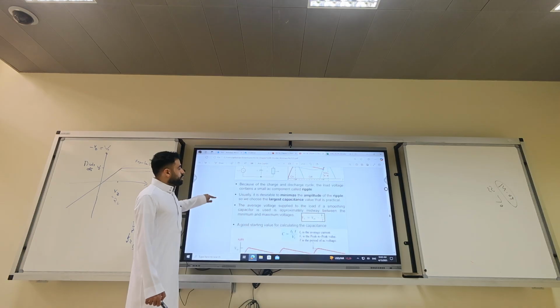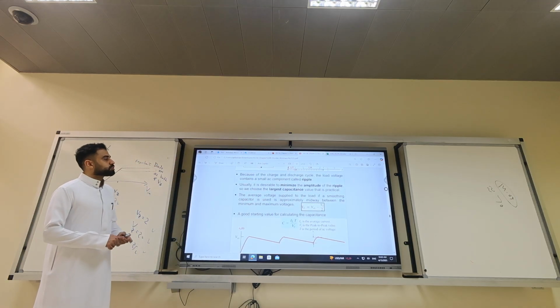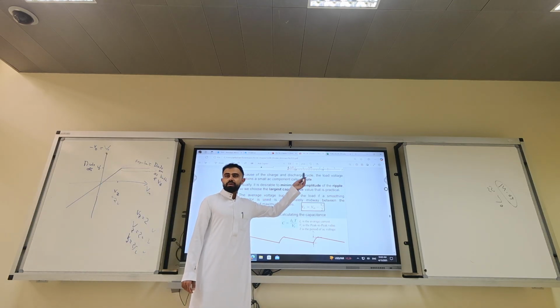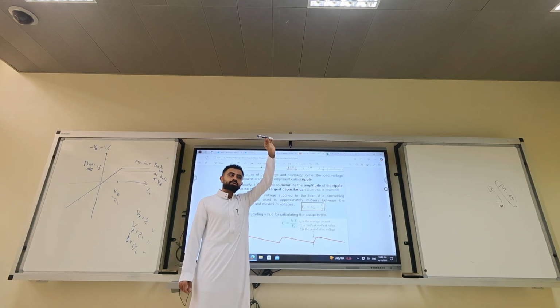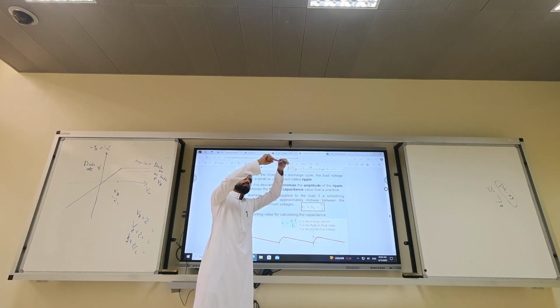Because of the charge and discharge cycle, the load voltage contains a small AC component called what? The ripple, which is the distance between the peak and the lowest point it was discharging to before it began charging again.